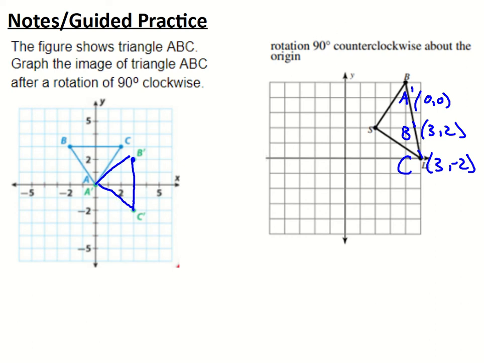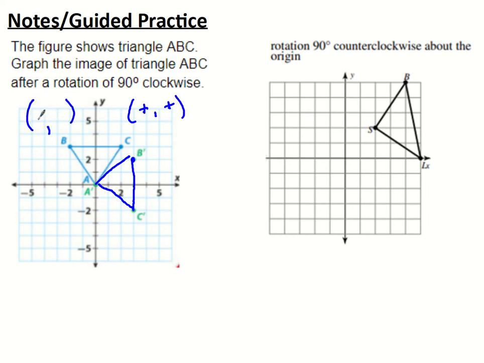Now, another way to do this is just understanding how each section of the graph, or each quadrant of the graph, works. So we should know that in the upper right, every value is positive. In the upper left, all of my X's are negative, but all my Y's are positive.